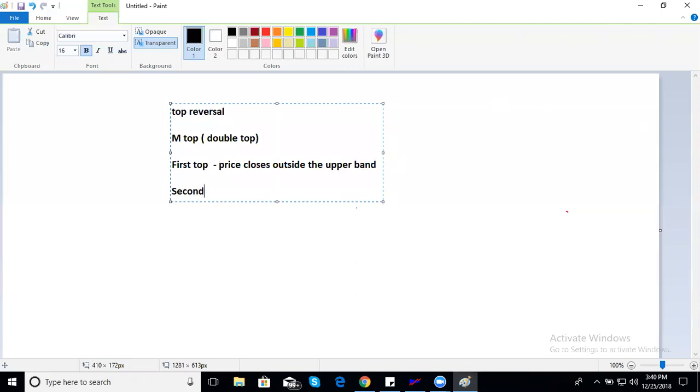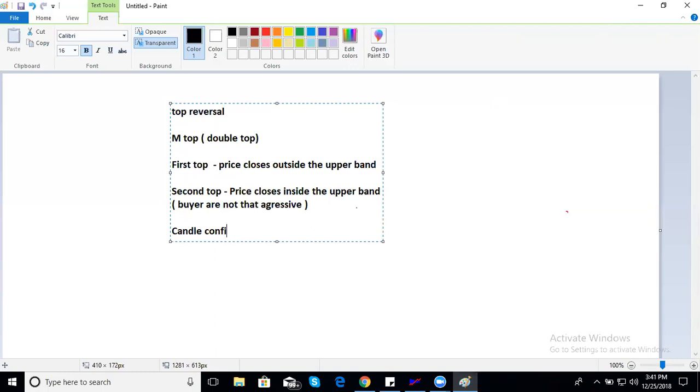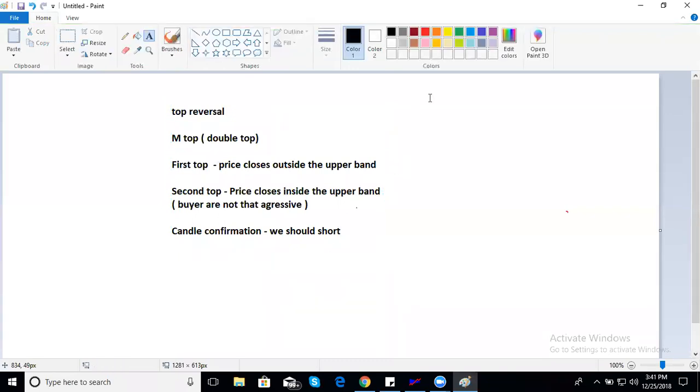Second top, price closes inside the upper band, which says that buyers are not that aggressive. Buyers are losing strength. This is a top reversal pattern where with candle confirmation, we would short. We should short this or at least exit your long positions.